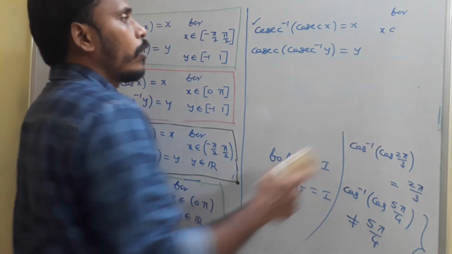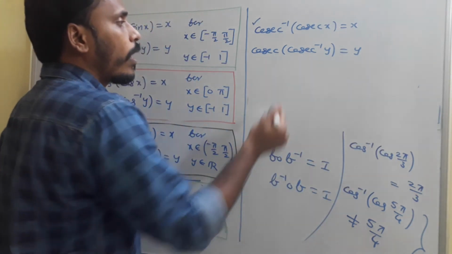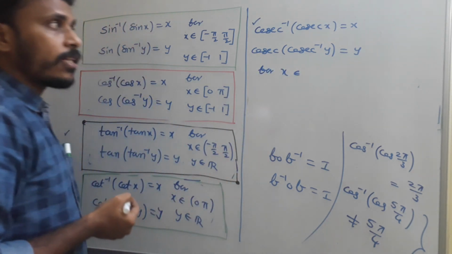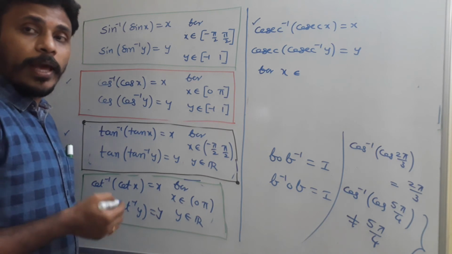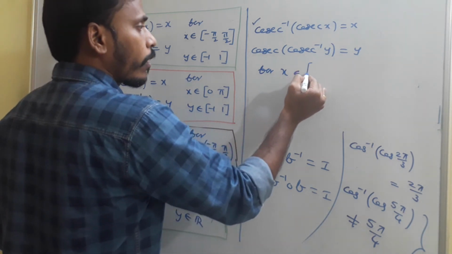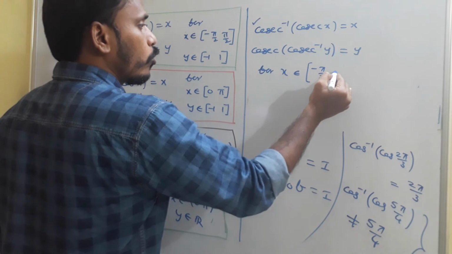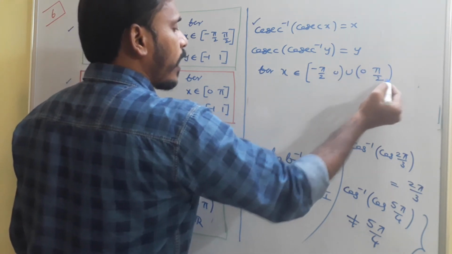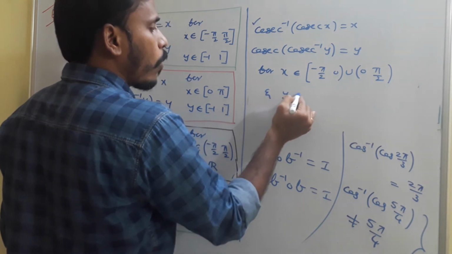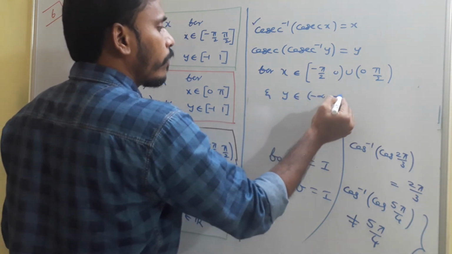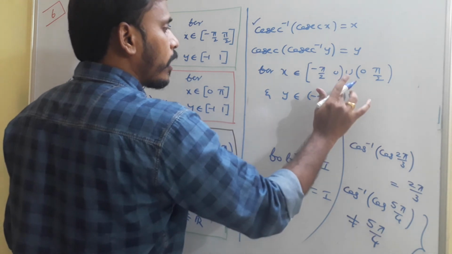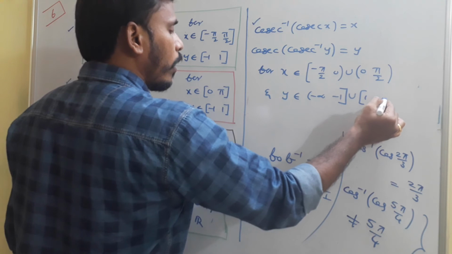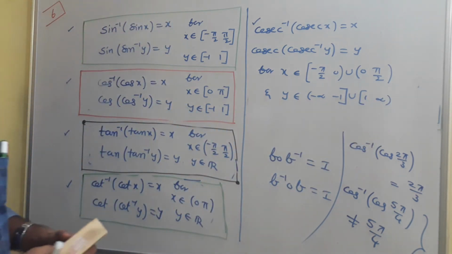What is the x here? The angles are minus pi by 2 to pi by 2 except 0. So minus pi by 2 to 0 union 0 to pi by 2 is the x, and the y is minus infinity to minus 1, closed, union 1 to infinity.